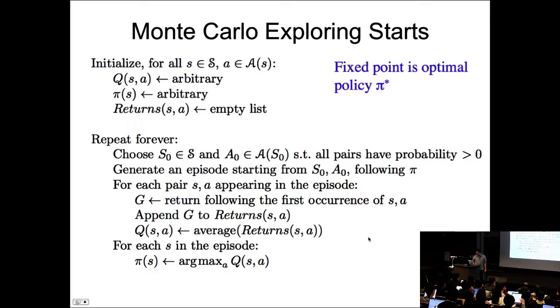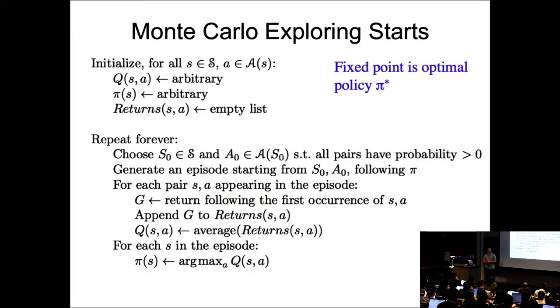For each pair S, A appearing in the episode, G is the return following the first occurrence of S, A. You append G to the returns, and then your Q function is just the average of the returns. Okay? This is basically saying every time I'm in a particular state and I take a particular action, if I go all the way to the terminal state, what kind of reward would I get?